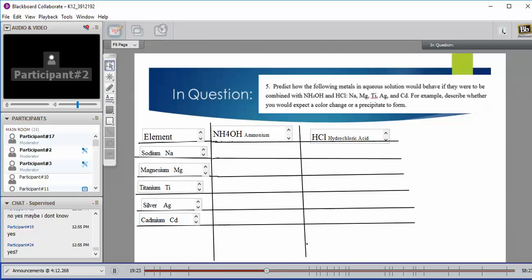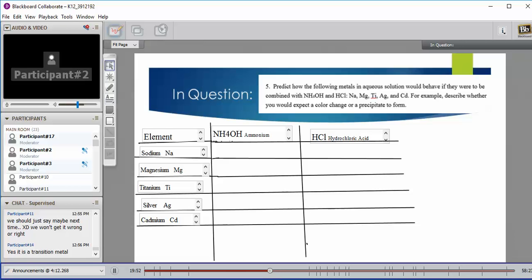So, is sodium, which is the Na, is that a transitional metal? Just put it in the chat. There's so many yeses. I don't know if they're answering that question. Look at your periodic table, people. Find sodium. Everybody, look at your periodic table.